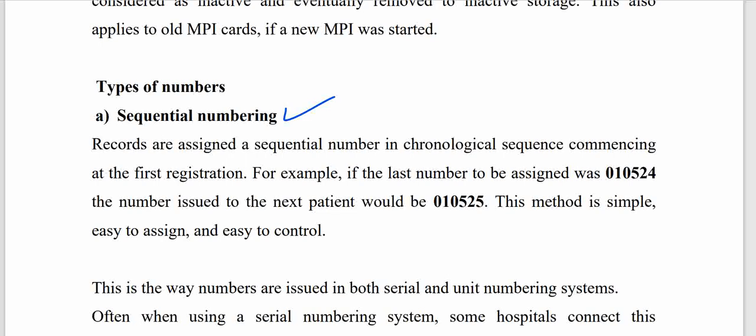Sequence simply means that if you, the student, are given number 0, 1, the person who is going to follow you is going to take what? 0, 2. The one that follows that one is going to take 0, 3. Okay, so that's what keeps happening.